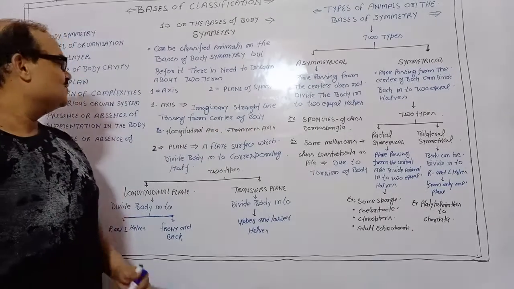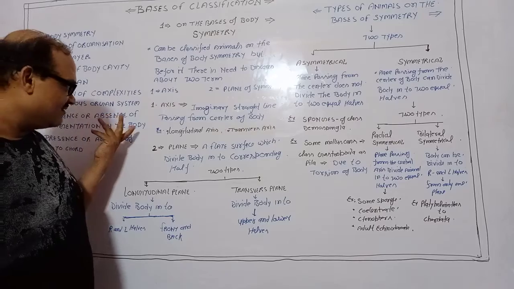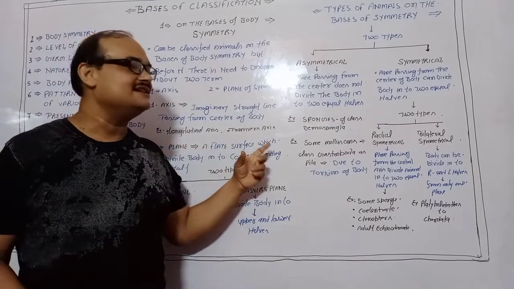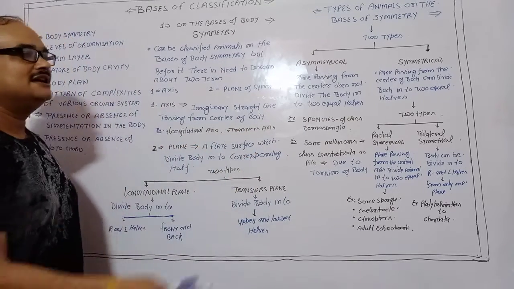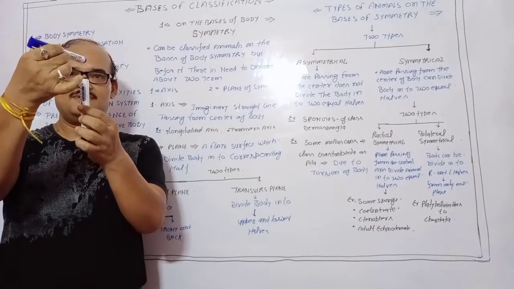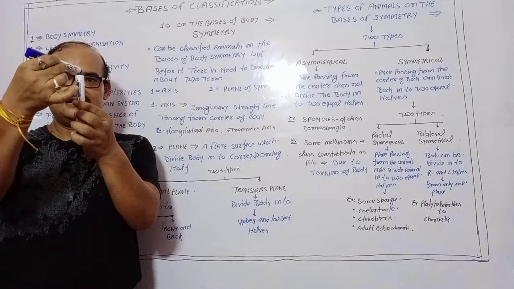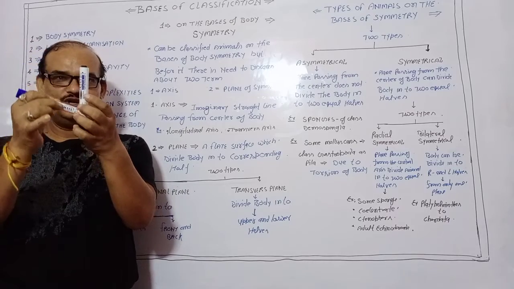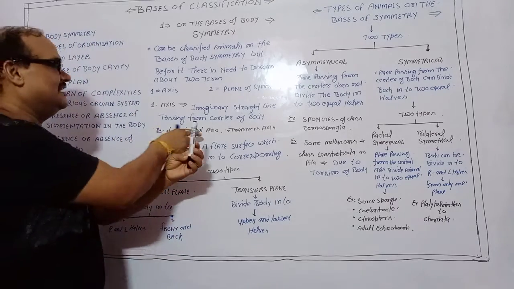Here, there may be 2 types of axis: first, longitudinal axis, and second, transverse axis. In the longitudinal axis, we divide the animal into 2 equal halves from the center in this way, longitudinally. That's why it is known as the longitudinal axis.